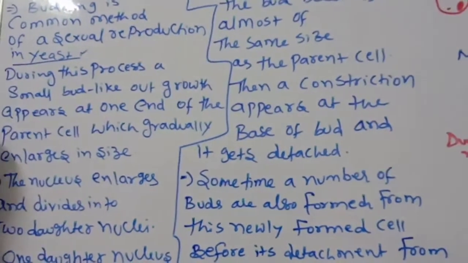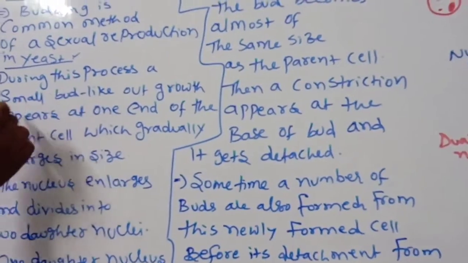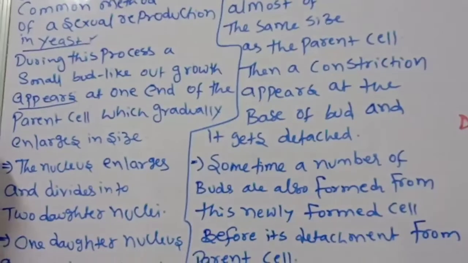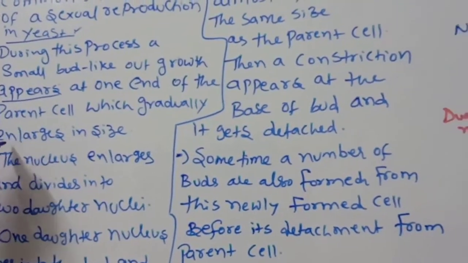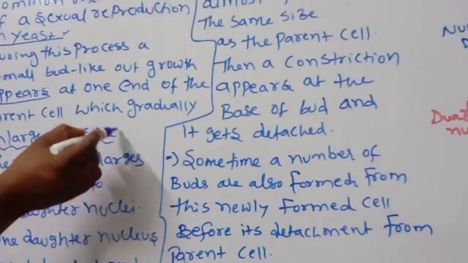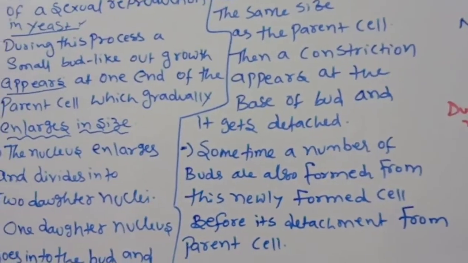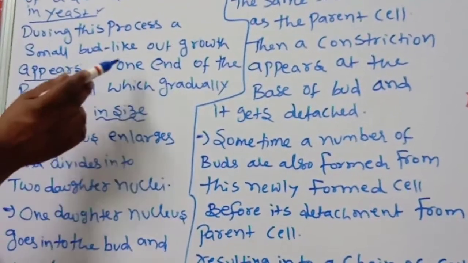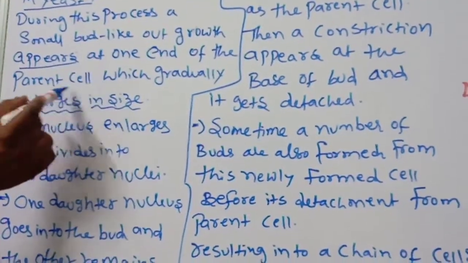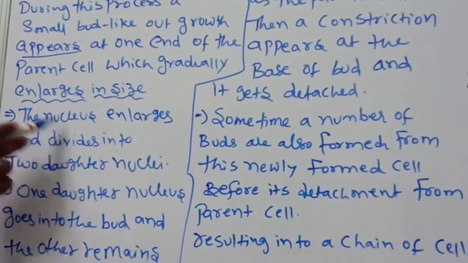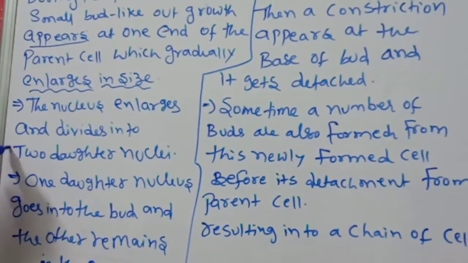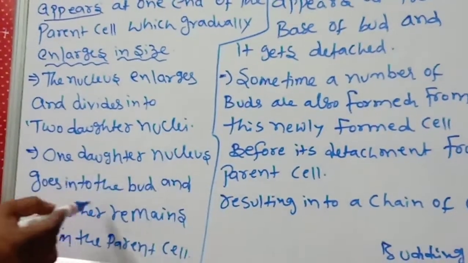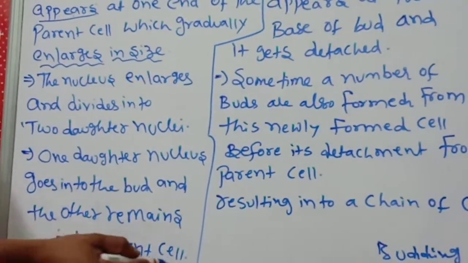During this process, a small bud-like outgrowth appears at one end of the parent cell, which gradually enlarges in size. The nucleus enlarges and divides into two daughter nuclei. One daughter nucleus goes into the bud and the other remains in the parent cell.